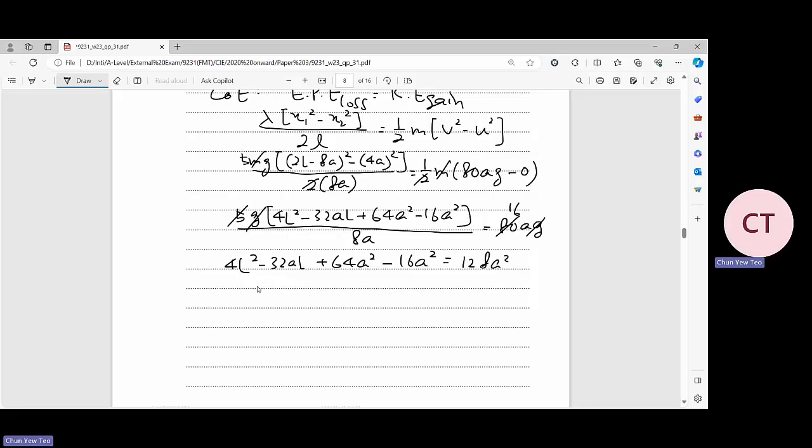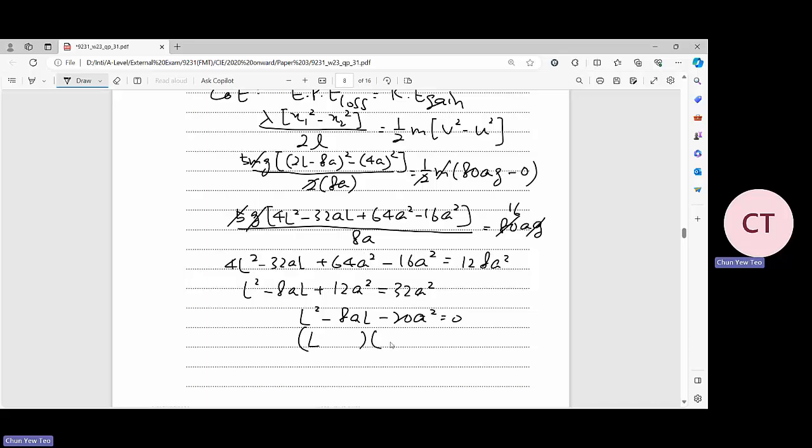All of them can be divided by 4. 64a squared minus 16a squared is 48a squared, divided by 4 is 12a squared. 128 divided by 4 is 32a squared. And this I get L squared minus 8aL minus 20a squared equals 0.